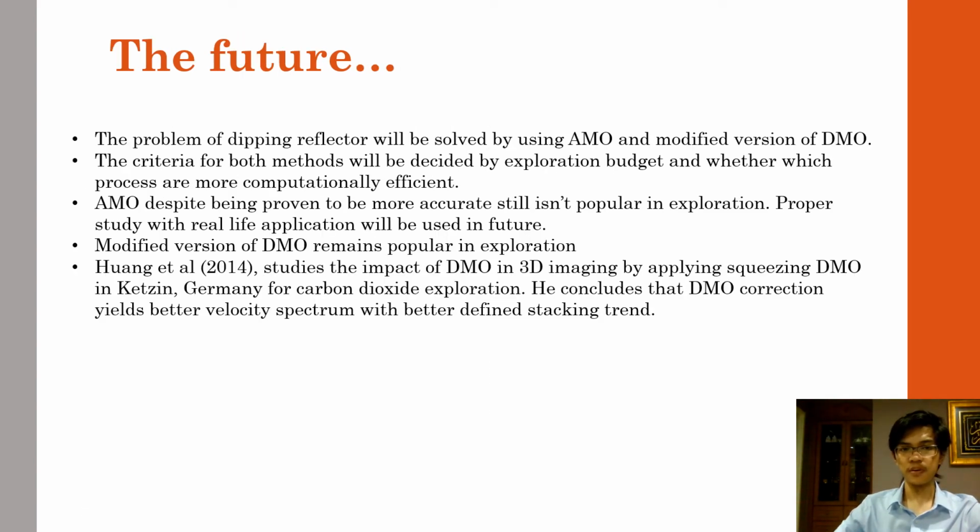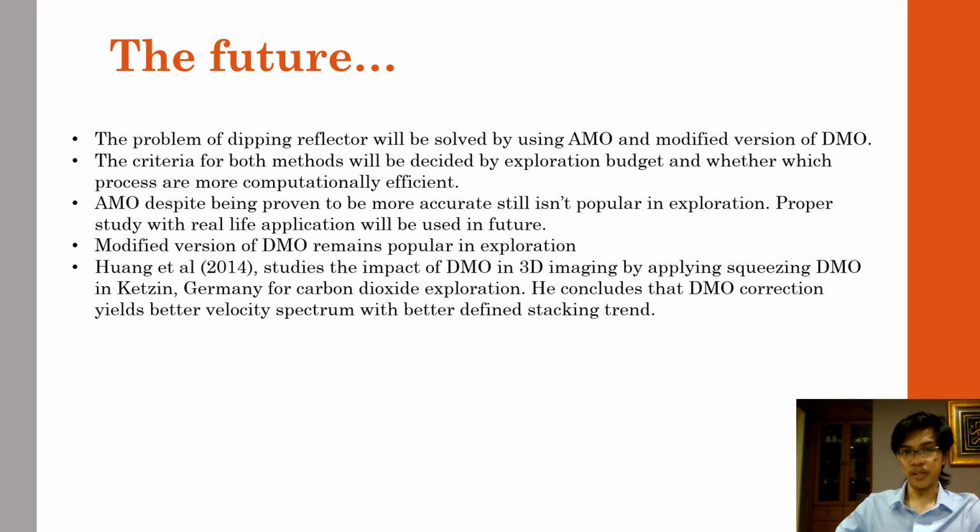The future for solving dip move-out or any dipping reflection will be solved by using AMO and also modified versions of DMO. The criteria for which method will be chosen are going to be decided by the exploration budget and which process is more computationally efficient to get the results that we want.